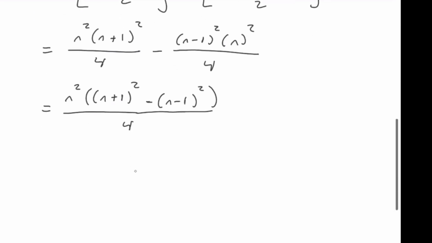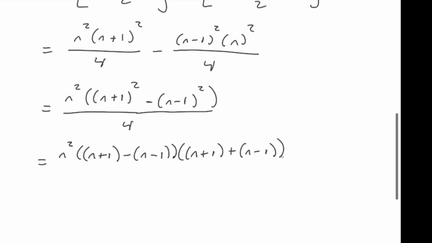And then I can see this difference of squares here, right? So this is going to be n squared times n plus 1 minus n minus 1, times n plus 1 plus n minus 1, right? That's our difference of squares. And this is over 4.